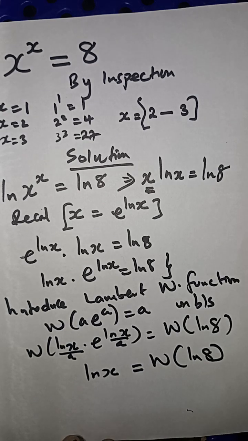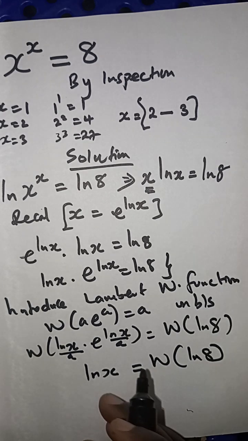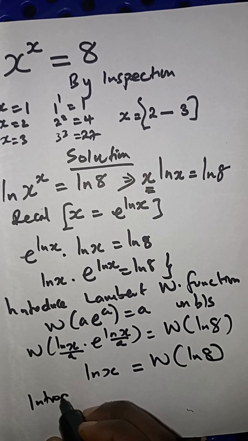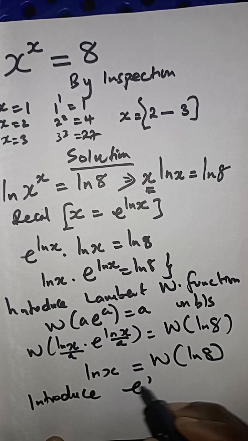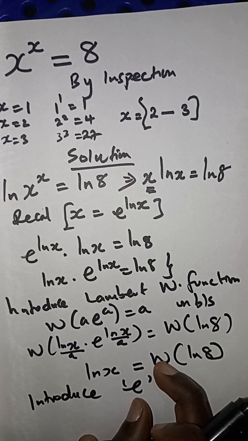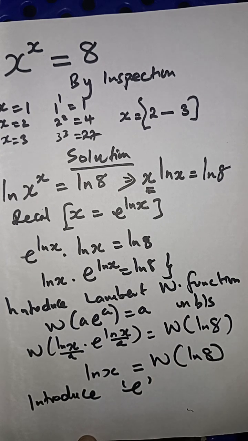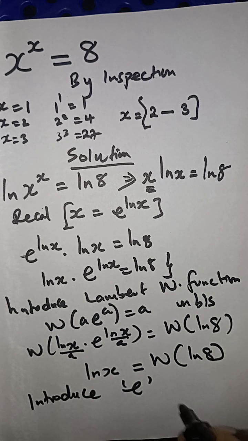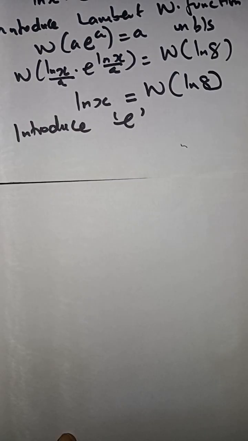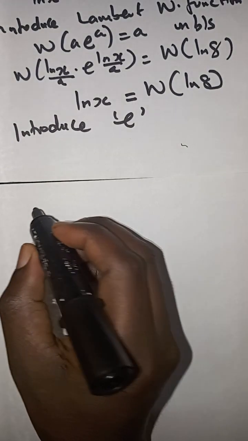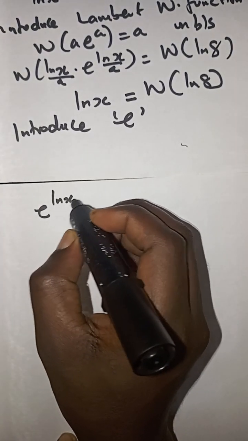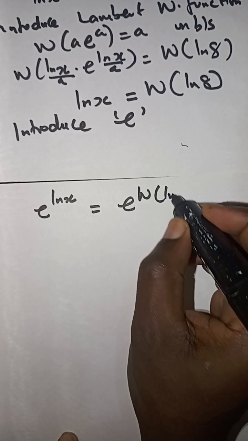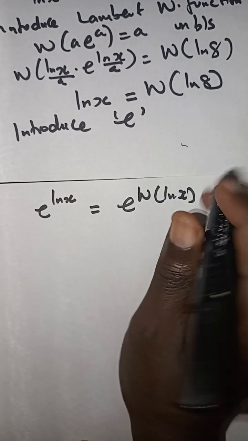So next step, I'm going to introduce the exponent on both sides. I'm going to introduce e to the both sides of the equation so that I remove the ln of x. So I'm going to have e to the ln of x is now equal to e to the W of ln of 8.